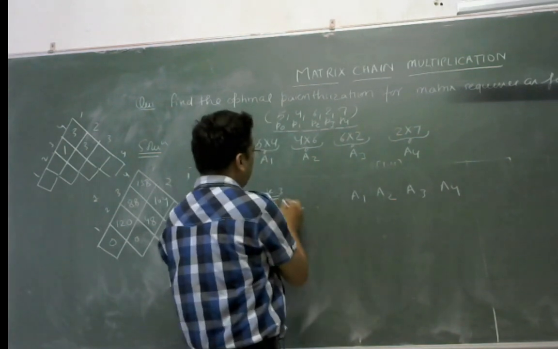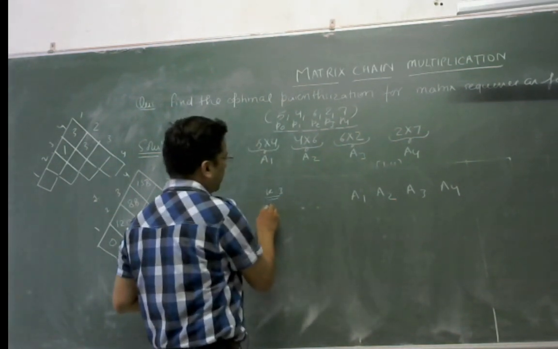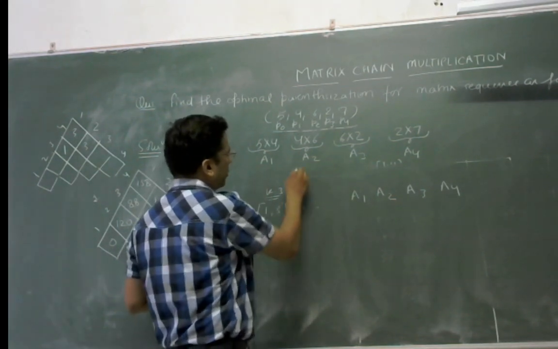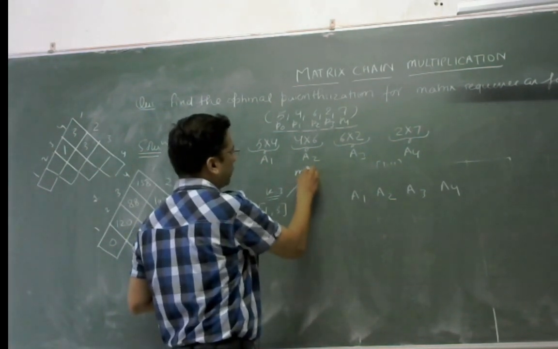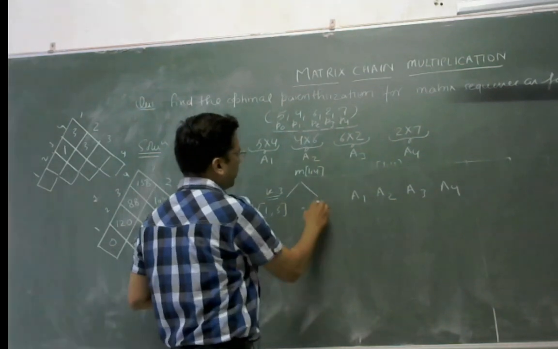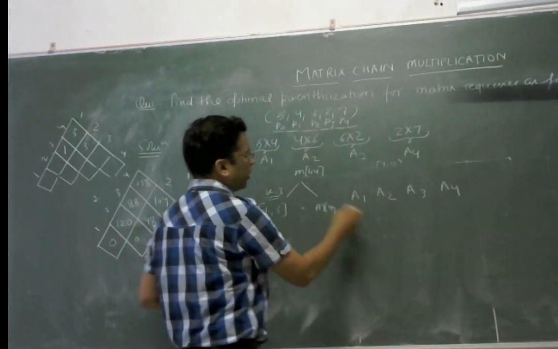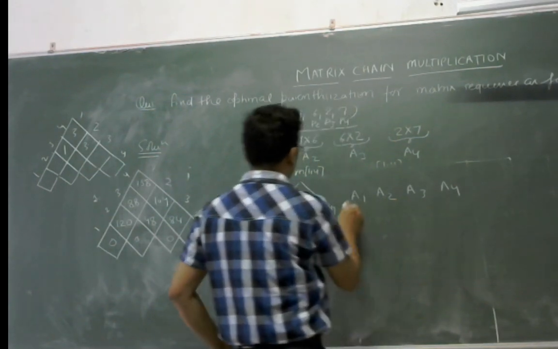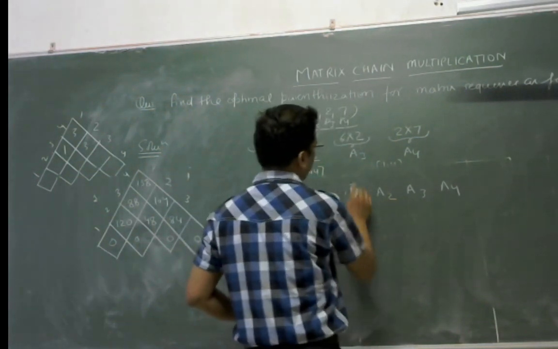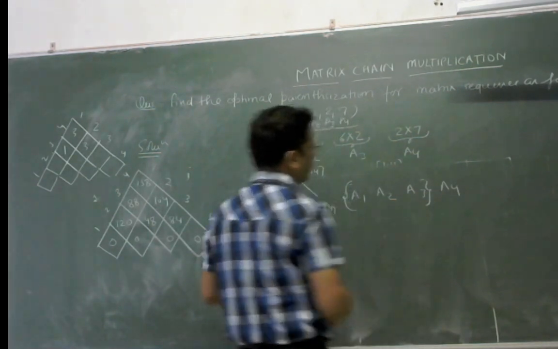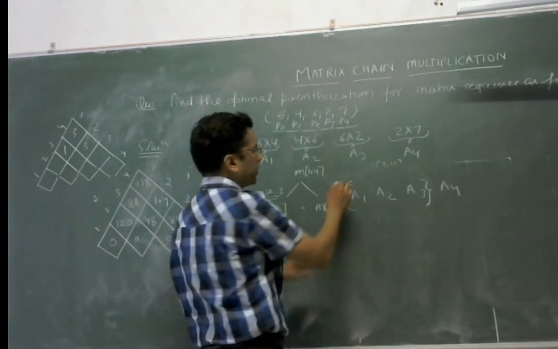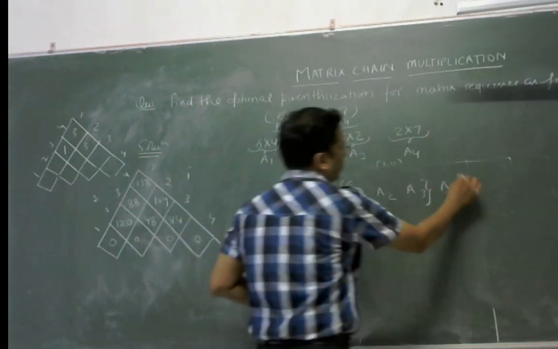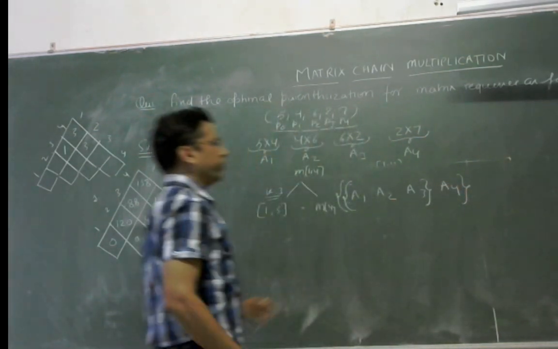When k is equal to 3, the partition is 1 to 3 and M44, so A1 to A3 are combined together in one parenthesization, and A4 is outside of it.